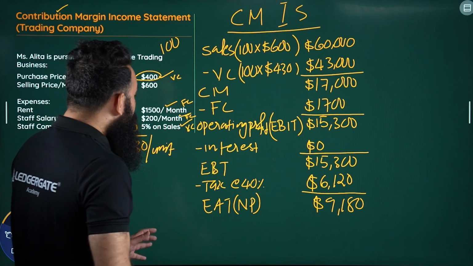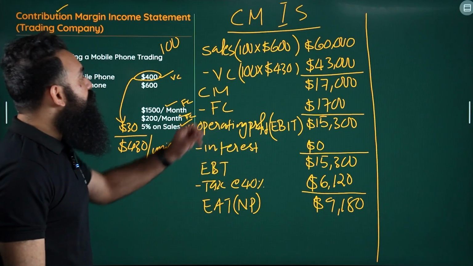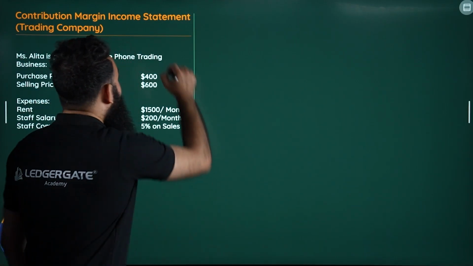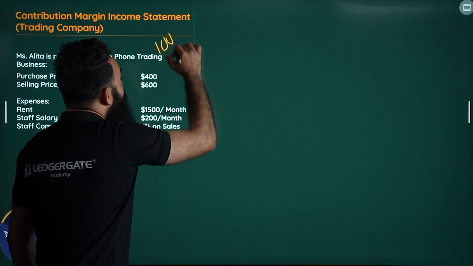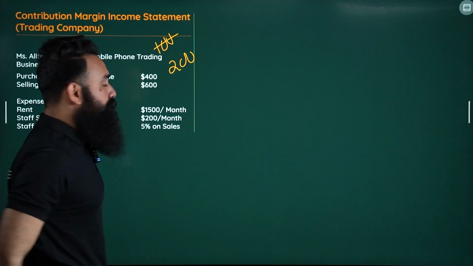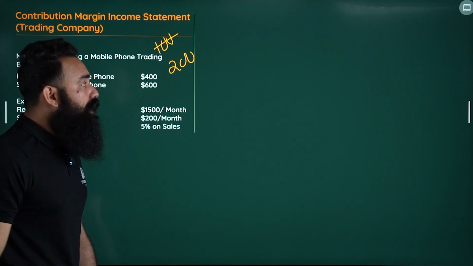Here we are selling how many units? We are selling 100 units, right? Instead of that 100 units, now we'll take the example of 200 units. Let's take an income statement based on this particular quantity.